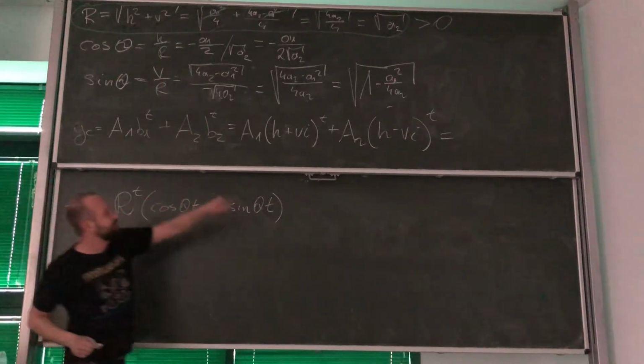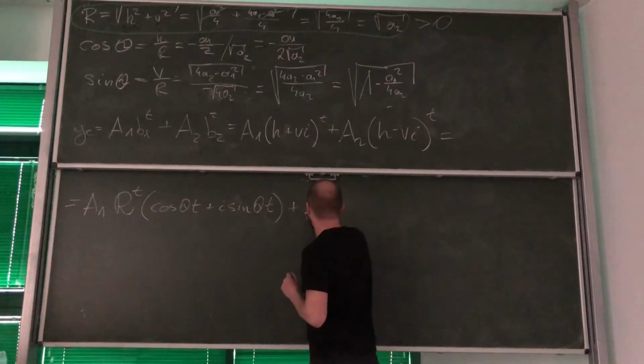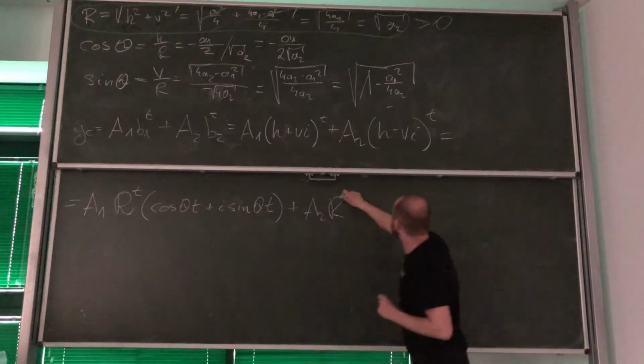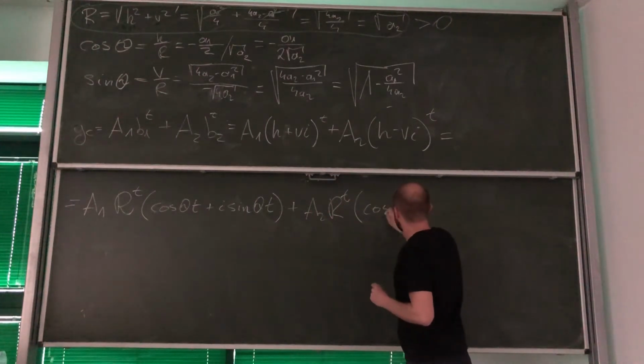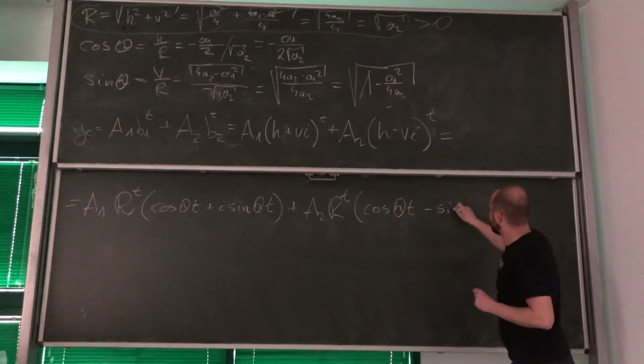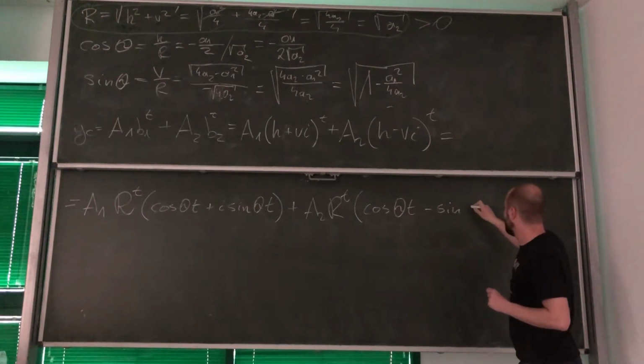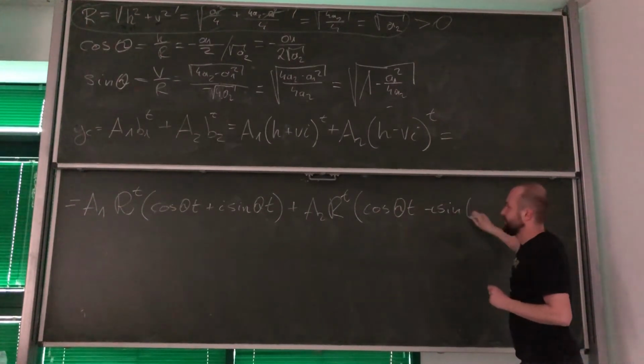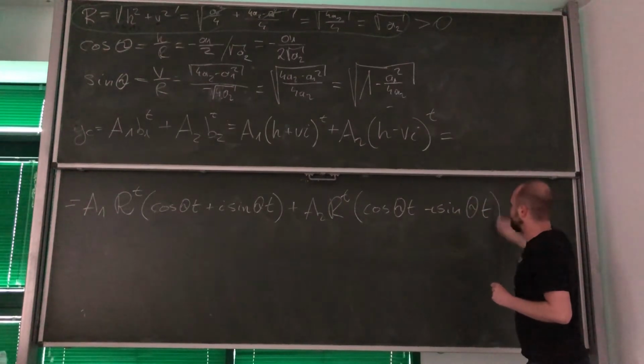Then, instead of the second expression, we're going to have A2 times r to the power of t, cosine theta t minus i sine theta t.